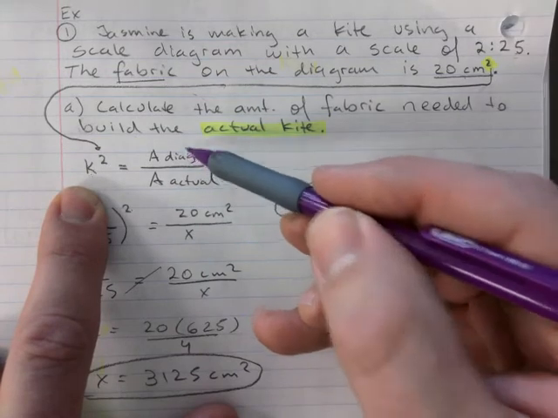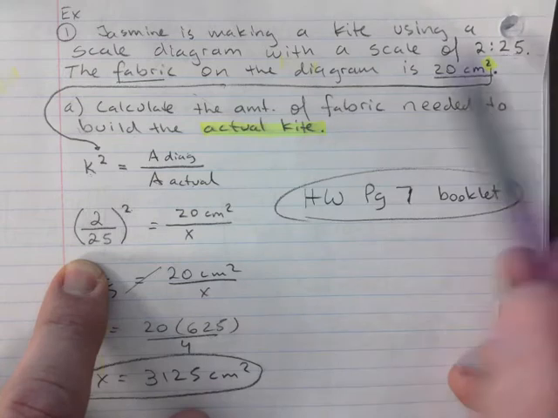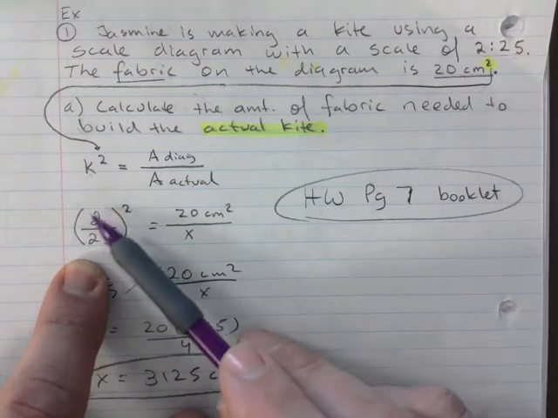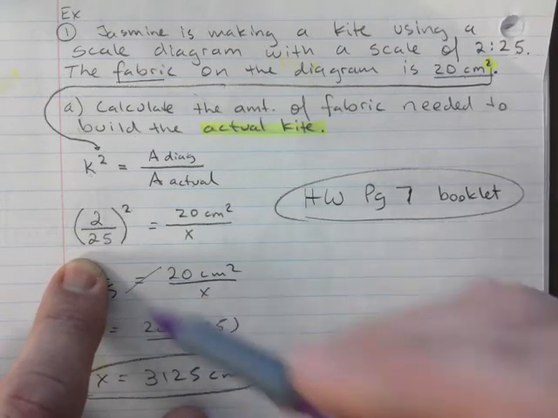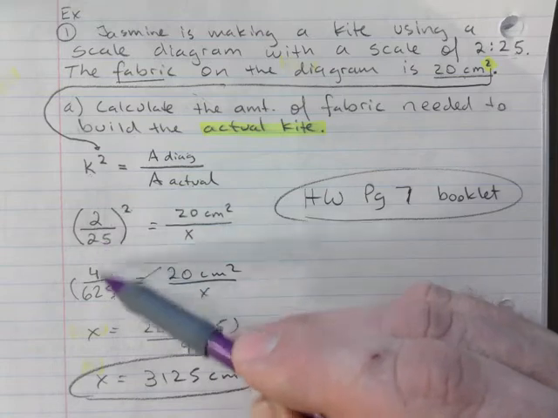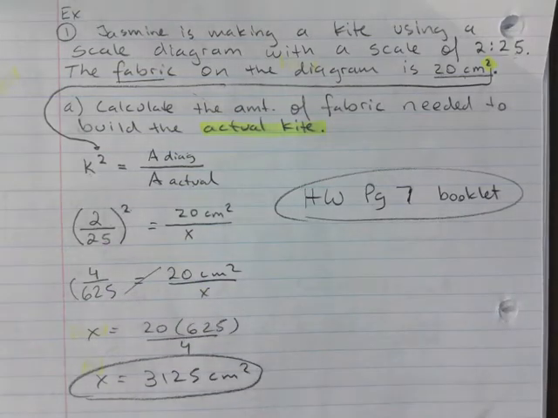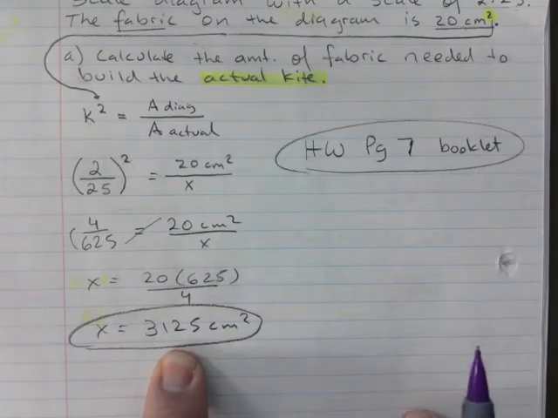And so then it's area of diagram over area of actual. I turn my scale into a fraction. Some of you like to turn that into a decimal right away. You will get the same answer. I like to keep it as a fraction. The square affects both. Cross multiply and divide, and you get this.